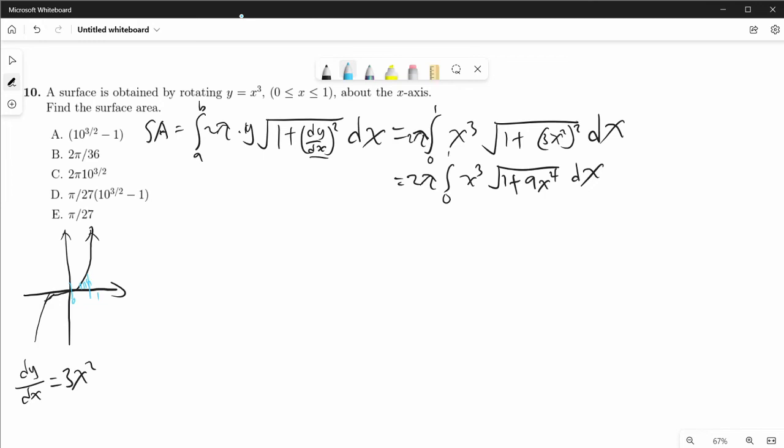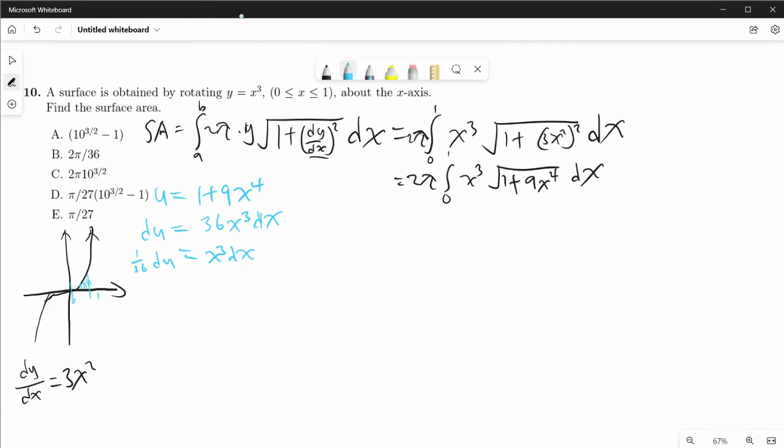So we can use u-substitution. If we make u equal to the inside of the square root, then du, taking the derivative, is 36x cubed dx. Since we have x cubed and dx here, I'm just going to move the 36 to the other side: 1 over 36 du equals x cubed dx.